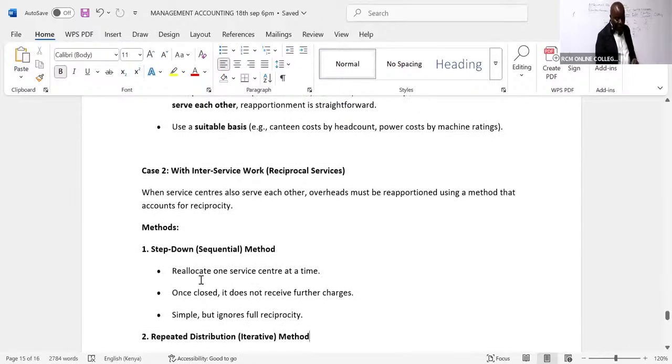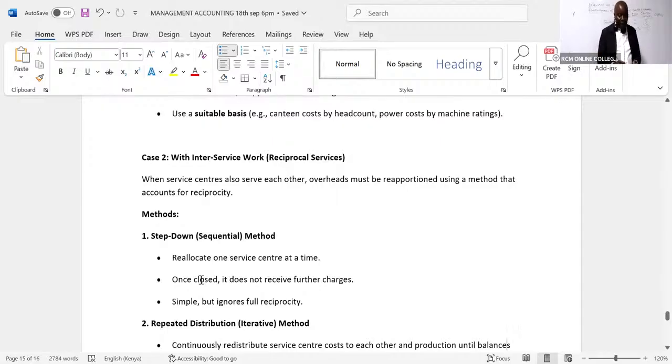So after writing the title, tell us there that when service centers also serve each other, overheads must be reapportioned using a method that accounts for reciprocity. Would you want me to write that on the board?